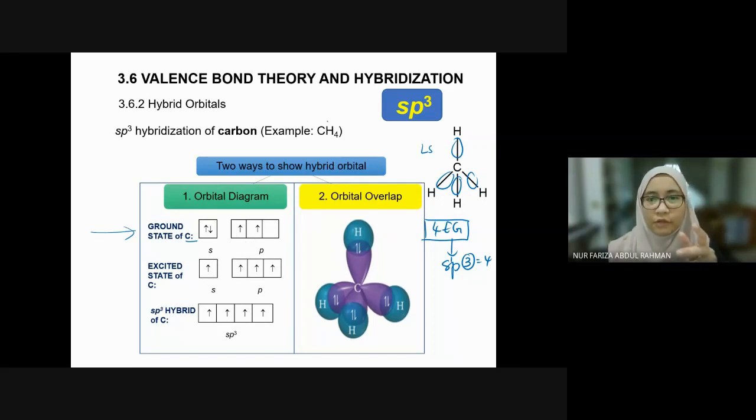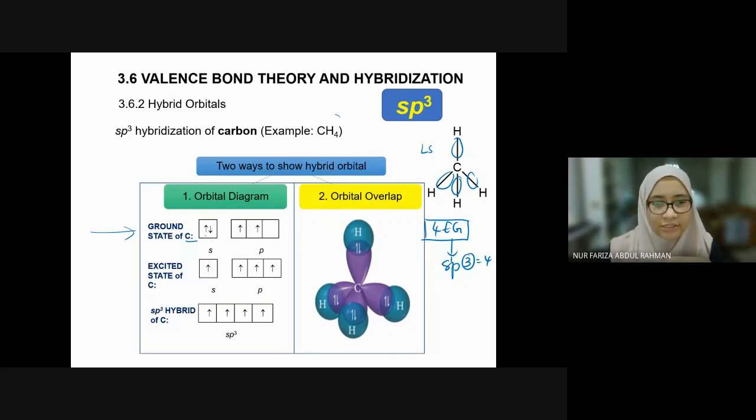But we have 4 hydrogen. The carbon needs to accommodate 4 hydrogen atoms. So how does carbon accommodate all 4 hydrogen? In order to do so, one of the ways is by forming hybrid orbitals. But before the hybrid orbital can be formed, the electron needs to be promoted, or excited, into the p orbital.